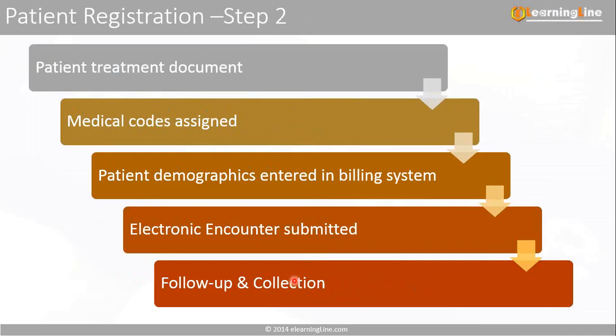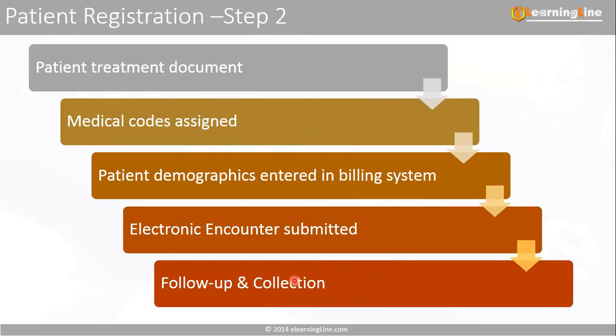When I say the corresponding form will be filled out, it means if it is a professional claim, if the claim is being submitted by the physician, it will be the CMS 1500 claim, which we will study in the chapter CMS 1500. If it is a hospital claim, an institutional claim, it will be submitted on the institutional claim form, which is the UB04, the uniform billing form, which again is another chapter we are going to study.